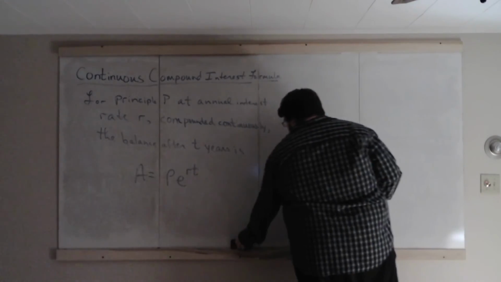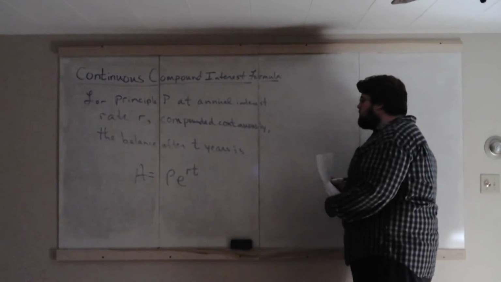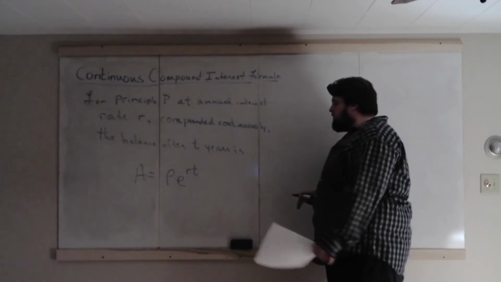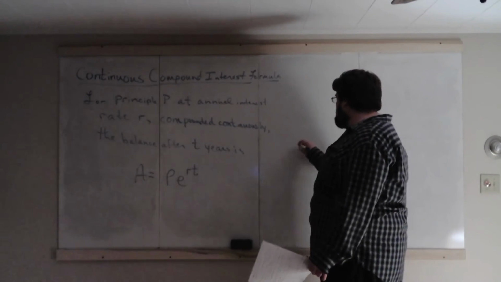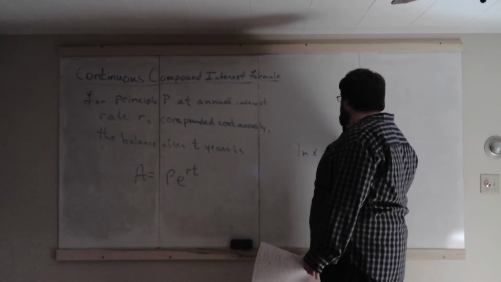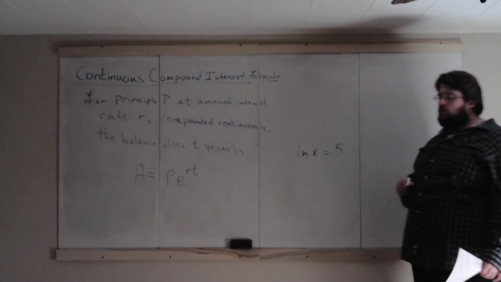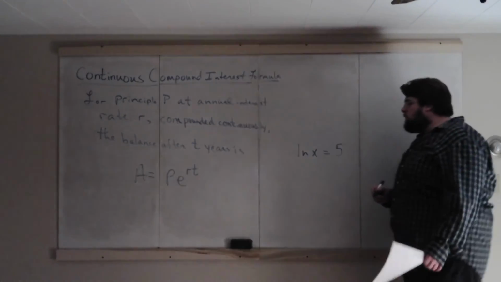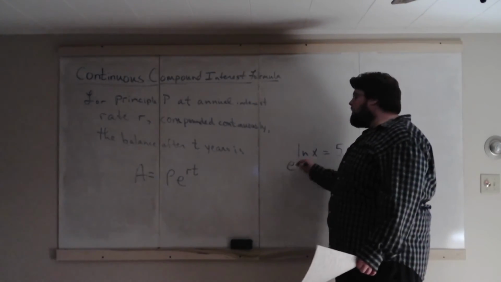What's another place where e is used? Well, this is not part of this class for the next minute or so. One of e's uses is to solve this equation for x, because e is designed to cancel out with a natural logarithm.